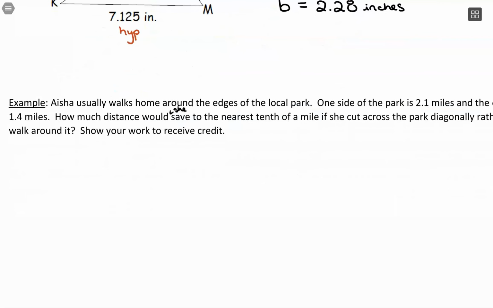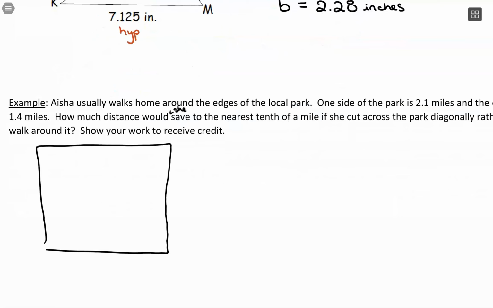So if I draw a little picture here, what we're going to do is think about this diagonal path across this rectangular park. So let's say there's Aisha, here's her home, and what she usually does is go along the outside, so at 2.1 miles.